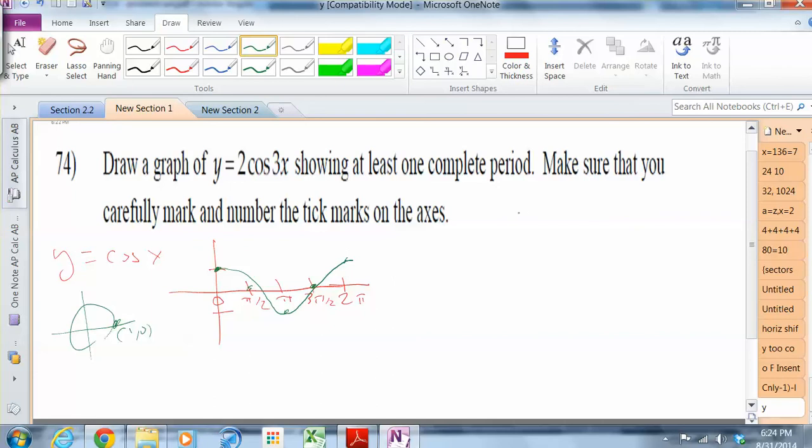Now, what are the changes being made here? That's a vertical stretch by a factor of 2.